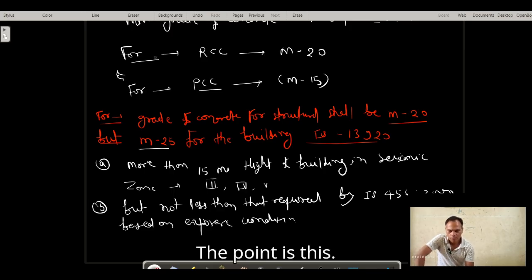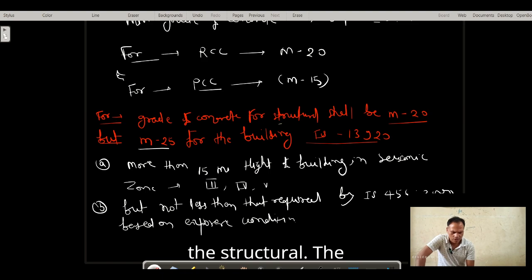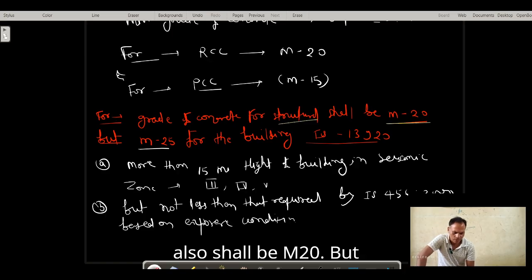The point is this: the grade of the concrete for the structural shall be M20, but M25 for the building as per IS 13920.